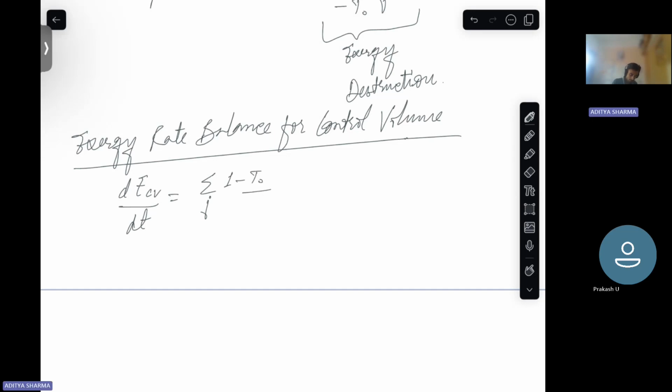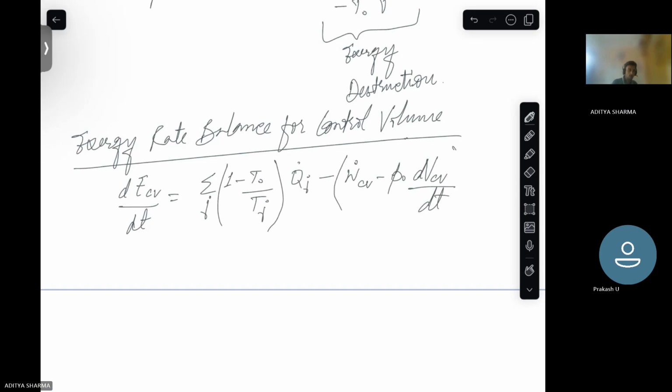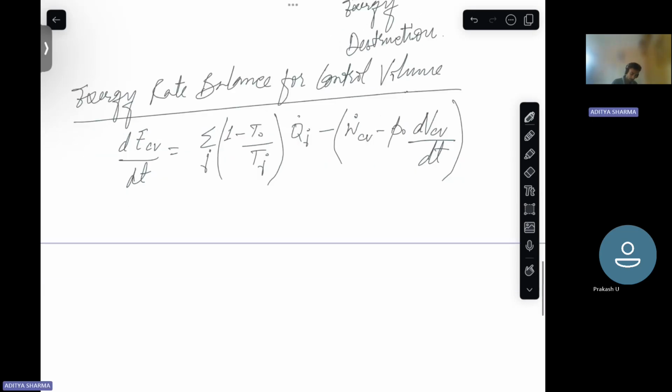So if you compare the two topics, you can surely find some similarities. So I'll just write down the mathematical statement or formula. This, and then there is another term.